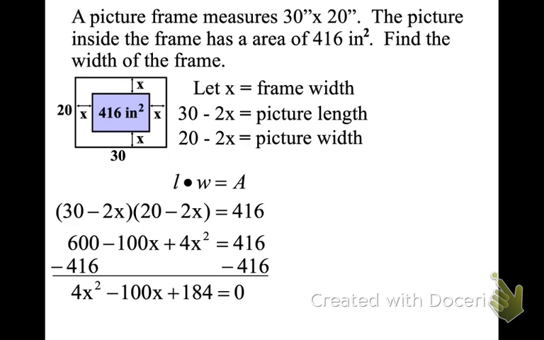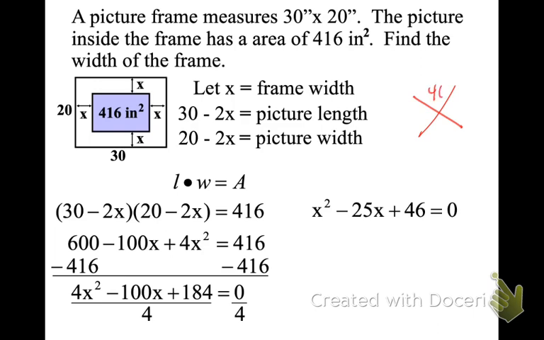So I'm going to try dividing all 3 by 4. And then I get x squared minus 25x plus 46. Looks ugly, but not necessarily, because there aren't that many factors for 46. That should be a 25.